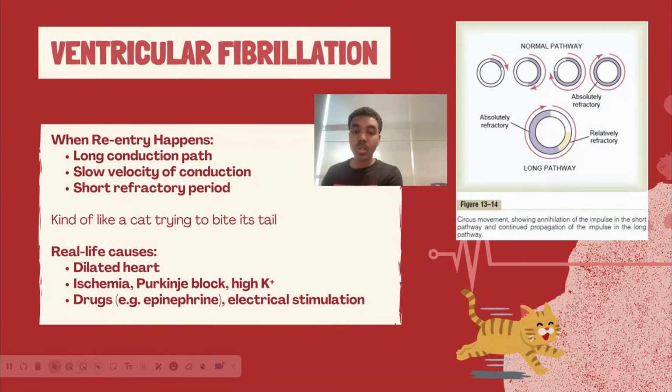Conduction can slow down due to things like ischemia, and ischemia and damage to Purkinje fibers cause slower conduction, as do high potassium levels. The refractory period may shorten with certain drugs like epinephrine or after repeated stimulation, allowing the tissue to be re-excited too soon. All these conditions set the stage for a self-sustaining loop of electrical activity, causing chaotic muscle contraction and ultimately ventricular fibrillation.